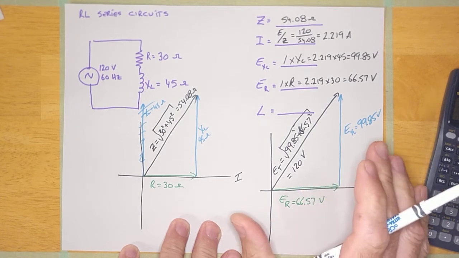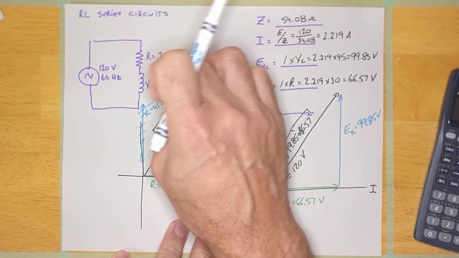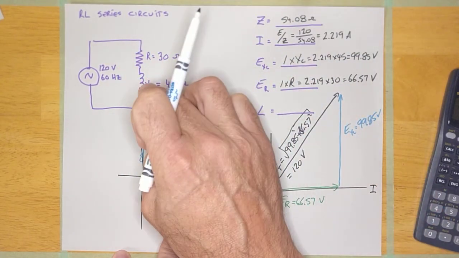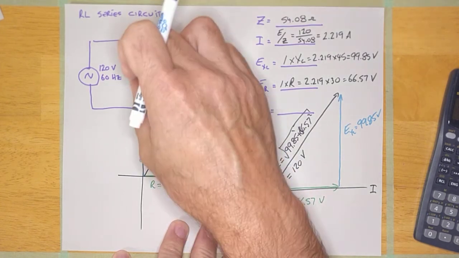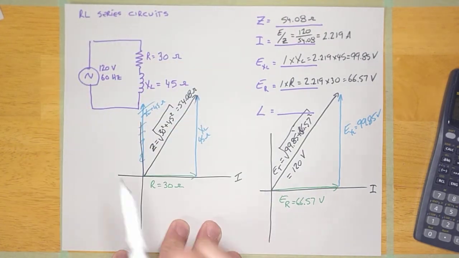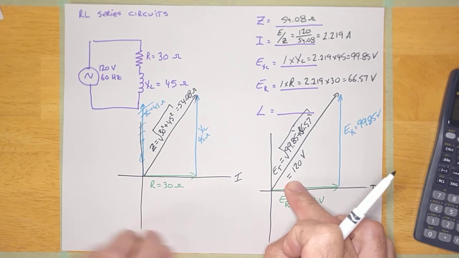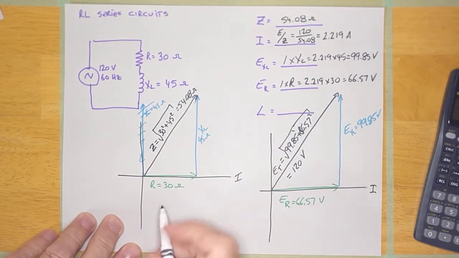Now there's one more thing we can calculate here, and that is the phase angle, because we know that the resistor causes the current to be in phase, and we know the inductor causes the current to lag by 90. So what about if I take the two components together? What's going on with the voltage and the current there? And I can actually see that phase angle right here, and I can calculate it down here. I've got this little phase angle symbol here.